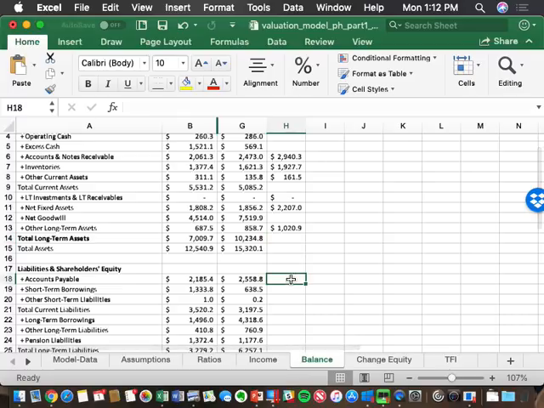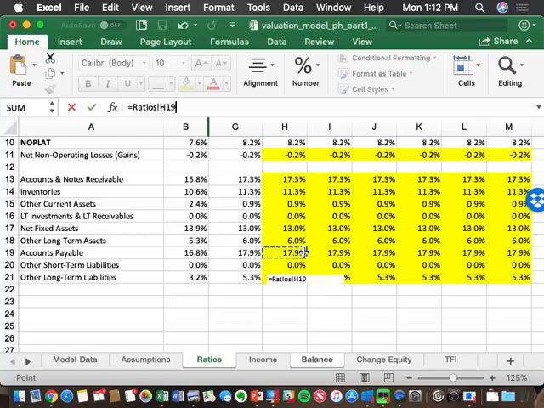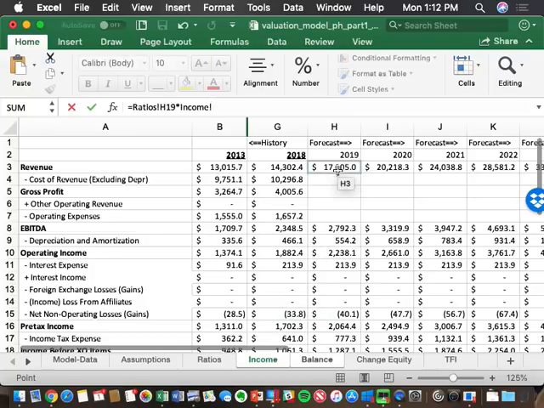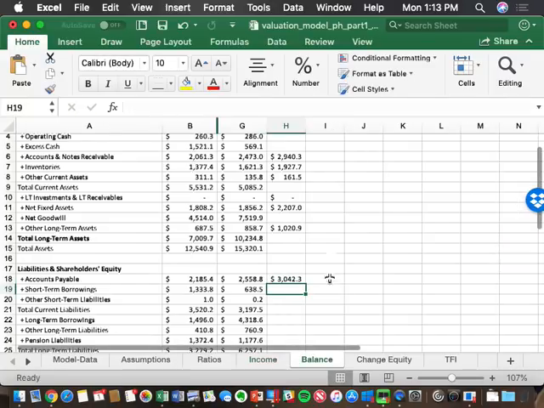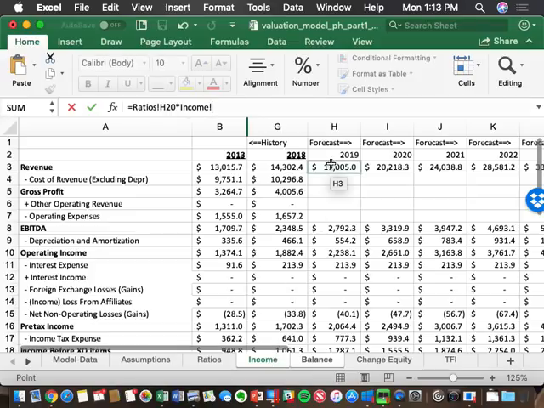Accounts payable equals ratios, H19, almost done, times income, H3. Other short-term liabilities equals ratios, H20 times income, H3.